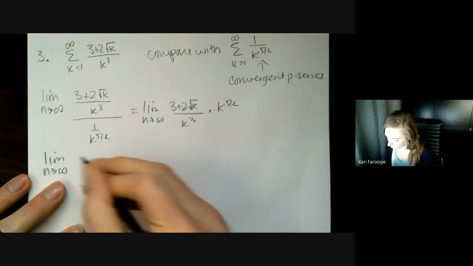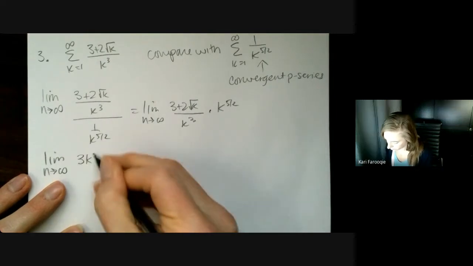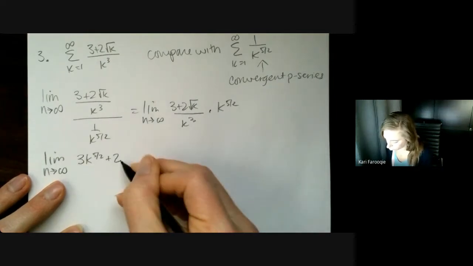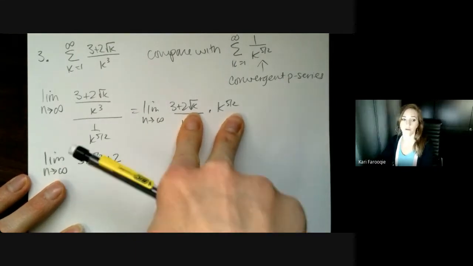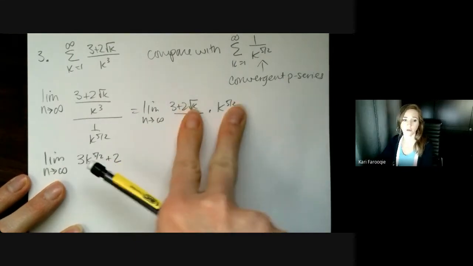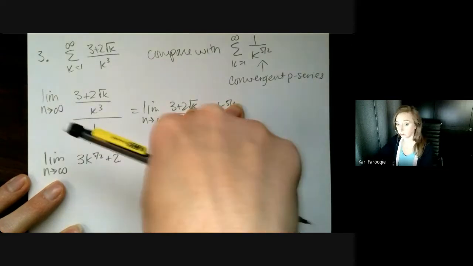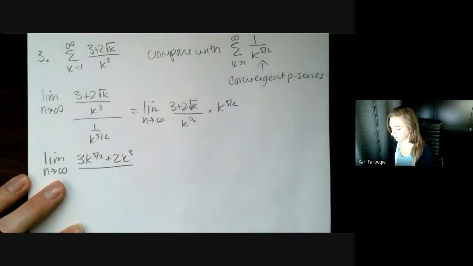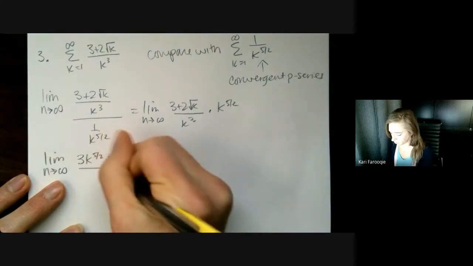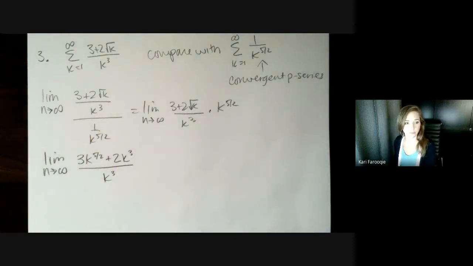Now, when you multiply this out, you'll get 3 times k to the 5 halves plus twice. When you multiply with the same base, add the exponents. So this is k to the 1 half. When you add that to k to the 5 halves, you get k to the 6 halves, which is k cubed. And then in the denominator, you have k cubed.